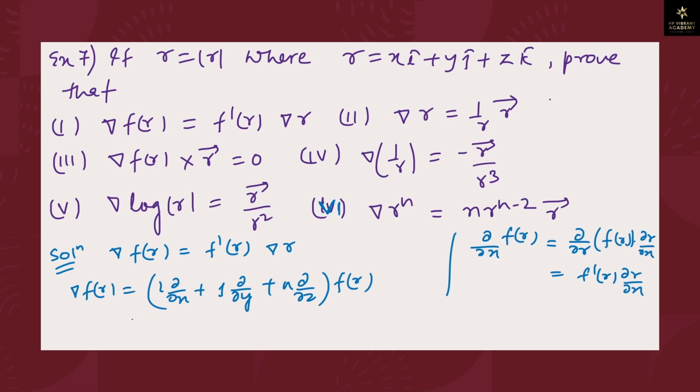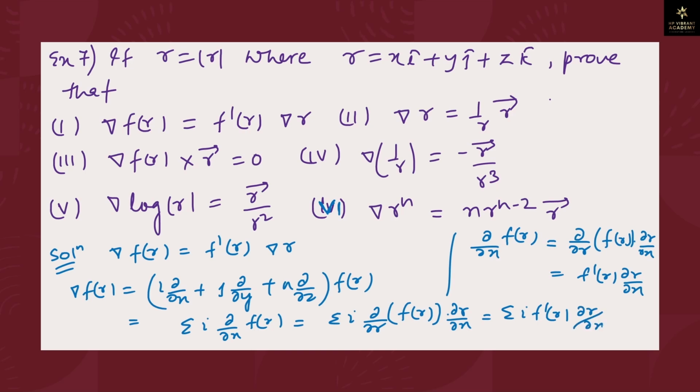So this is summation i del upon del x of f(r), equal to summation i f dash r into del r upon del x.